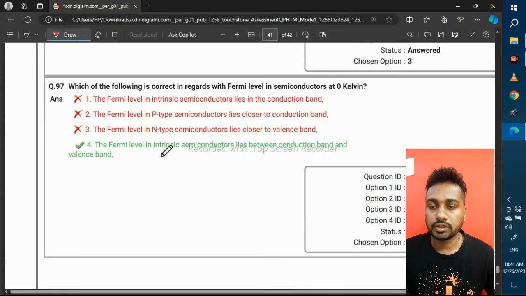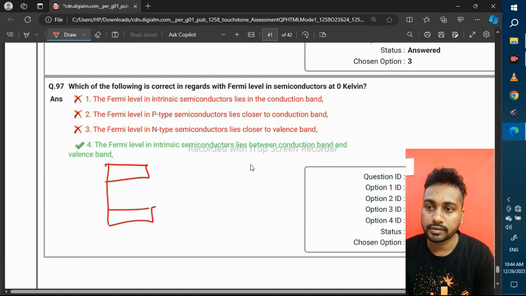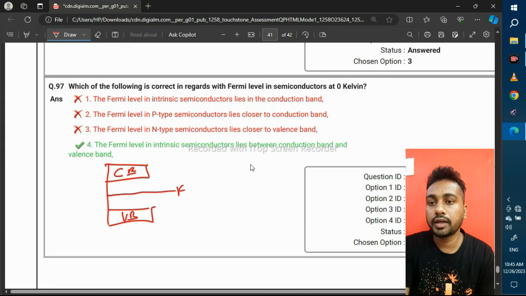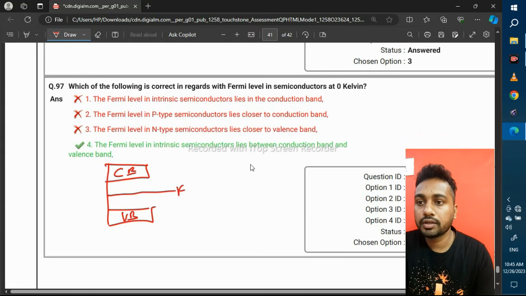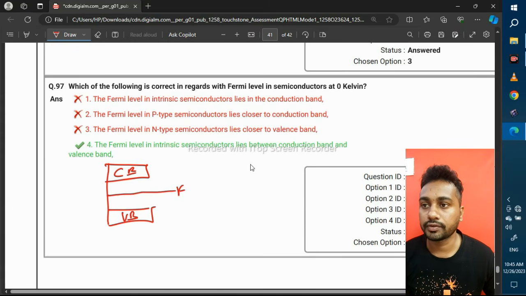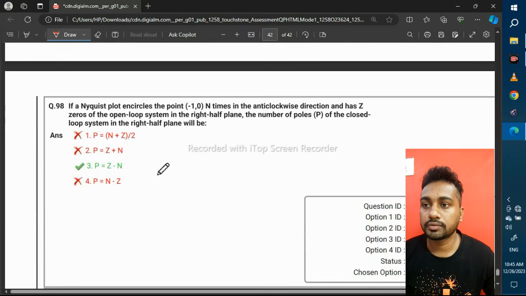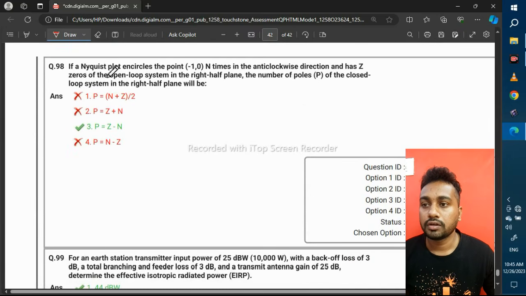The Fermi level in an intrinsic semiconductor lies between the conduction band and valence band, in the middle of them. In class I did this many times. For p type and n type I already discussed in class. Question 98, this is again a formula. So option 3 is the right answer.